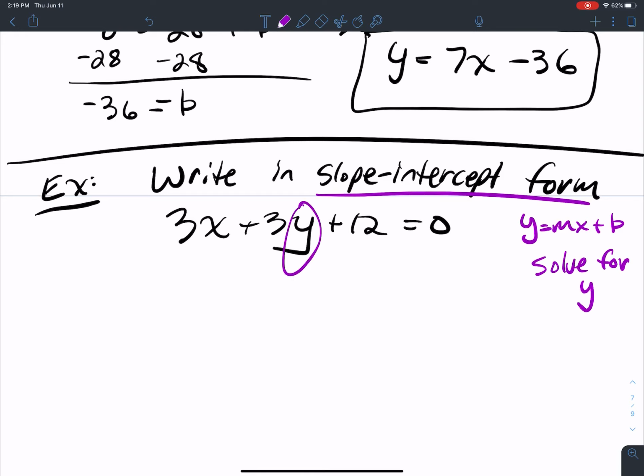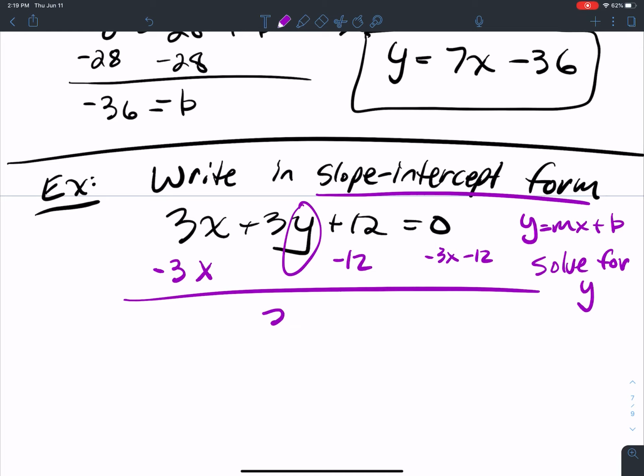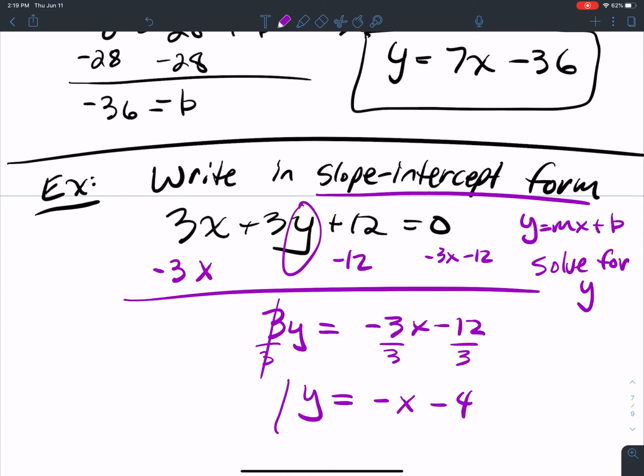Okay, that means if you need to circle y, move everything else. Minus 3x minus 12, so I get 3y equals minus 3x minus 12. Divide by 3. Everything is divided by 3, not just the first piece. So y is negative x minus 4. This is in slope-intercept form.